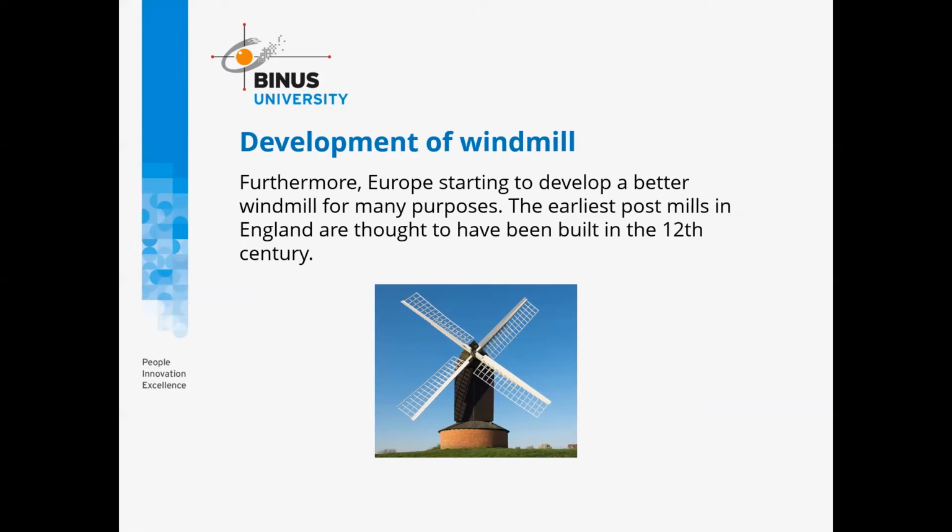After the Persians created the first version of the windmill, Europe started to develop a better windmill for many purposes. At the early stage, they built windmills for irrigation, for watering the plants, and for cutting some wood.